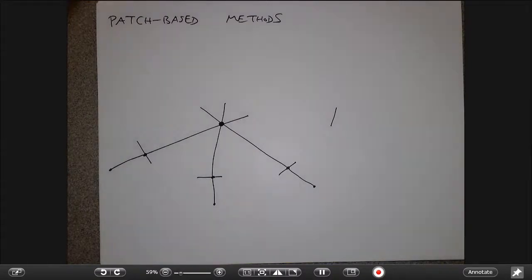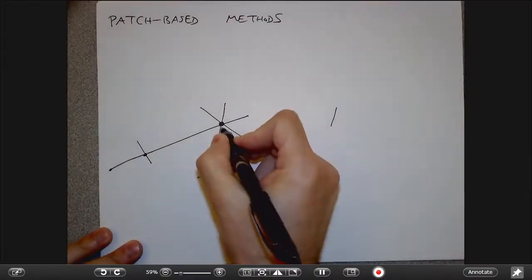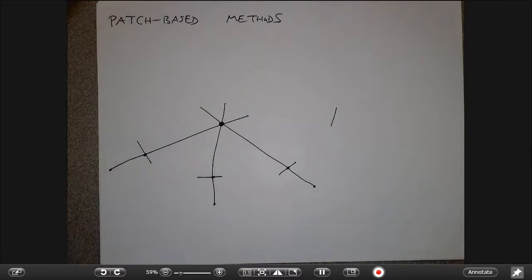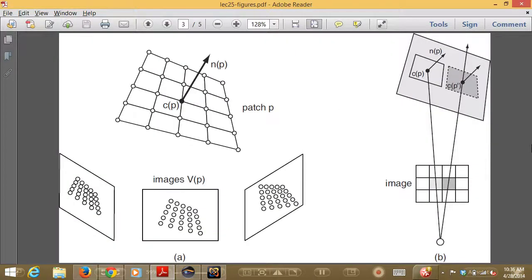What are the two parts of match moving? Number one, we recover the 3D camera positions and orientations, and number two, we recover sparse 3D point positions, which is exactly what you discovered on your match moving homework, where you had not only the 3D camera path, but also a bunch of 3D points in space. And so those are the beginning point for a patch-based algorithm. What you do is, for every point that you can successfully triangulate out there in the world, you build a little patch. So, like this.